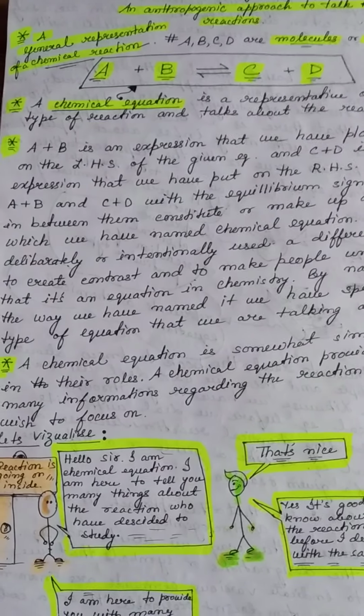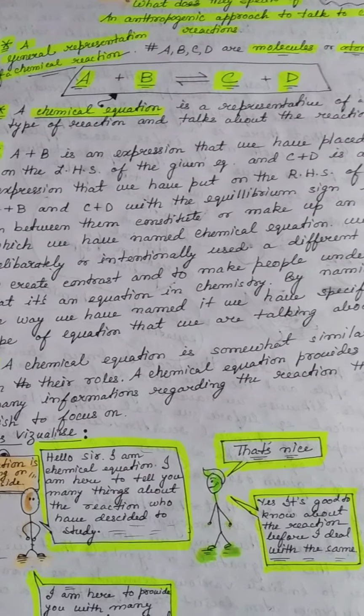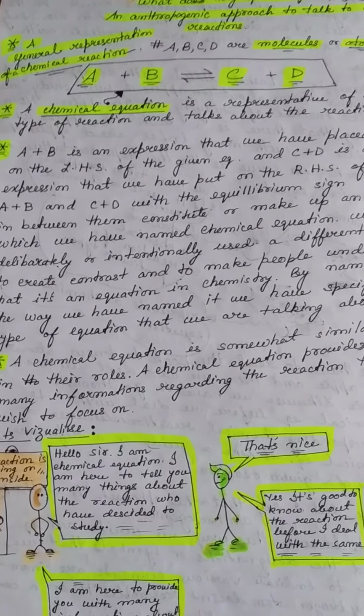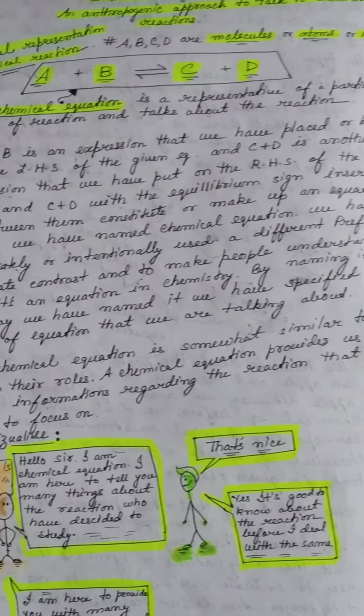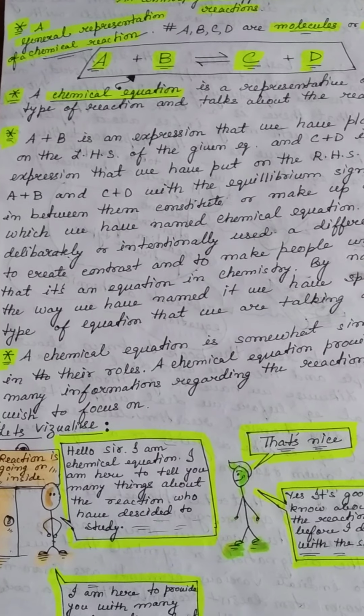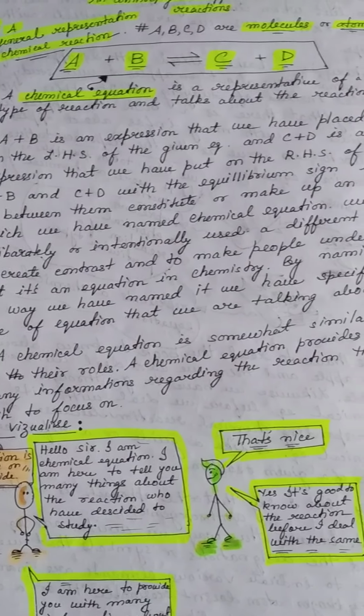Now this A plus B and C plus D, along with the equilibrium sign inserted in between them, make up an equation. Yes, this is what we actually mean by an equation, which we have named chemical equation.